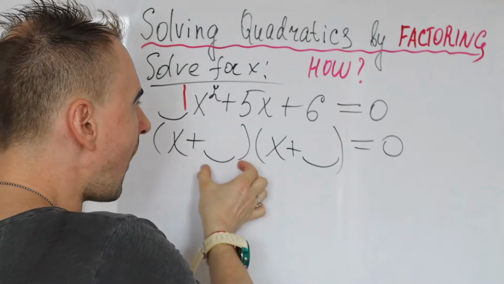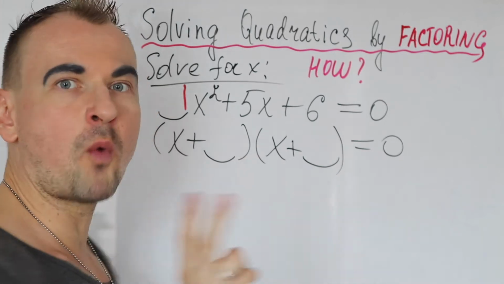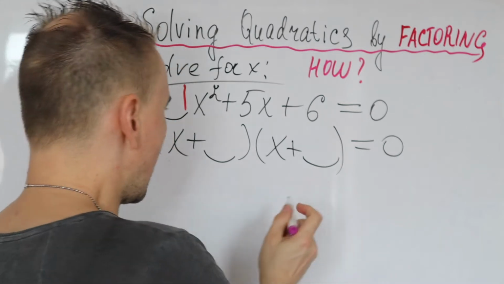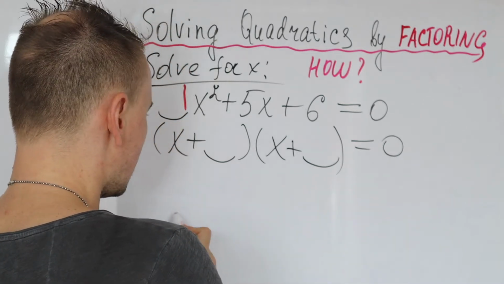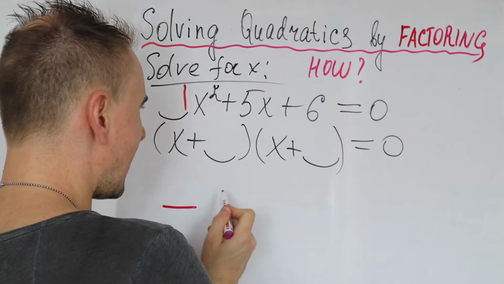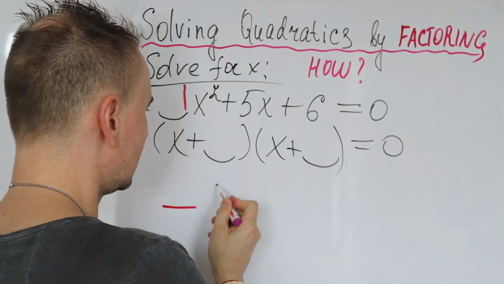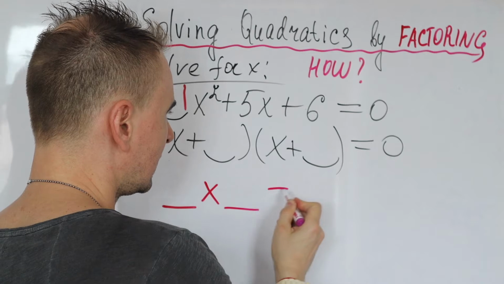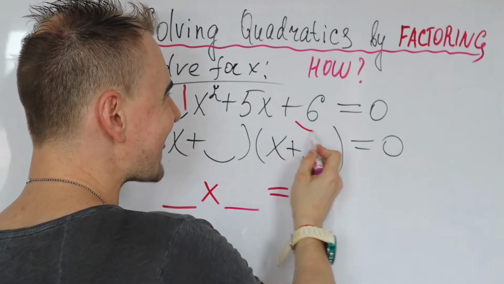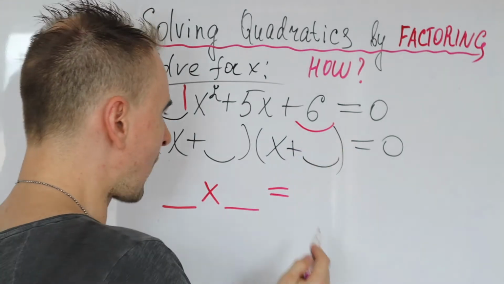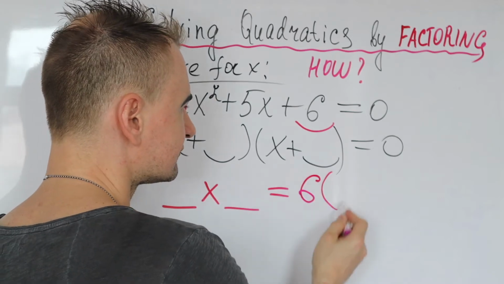Now, we're going to look for two numbers that get multiplied to the last coefficient. So in this problem it's 6.